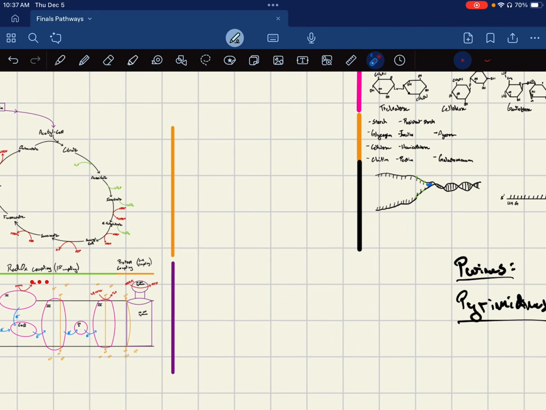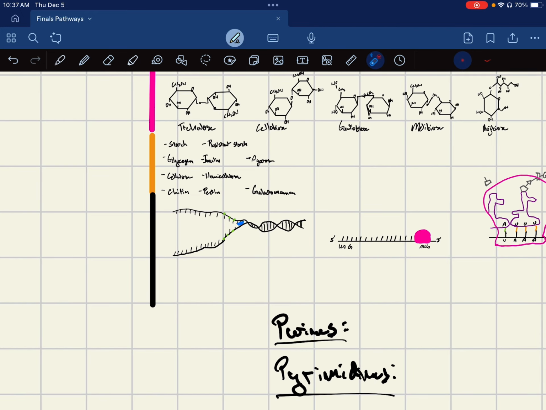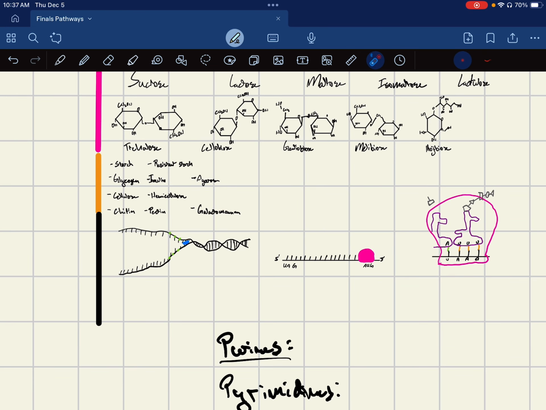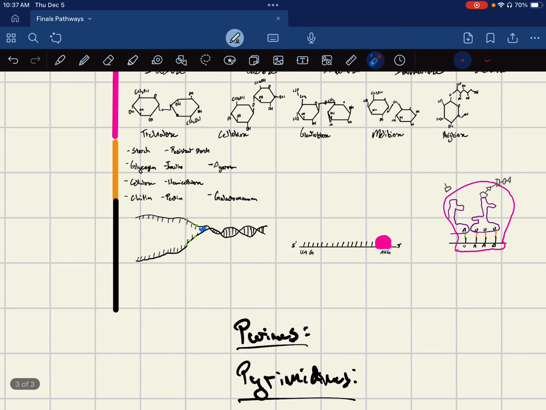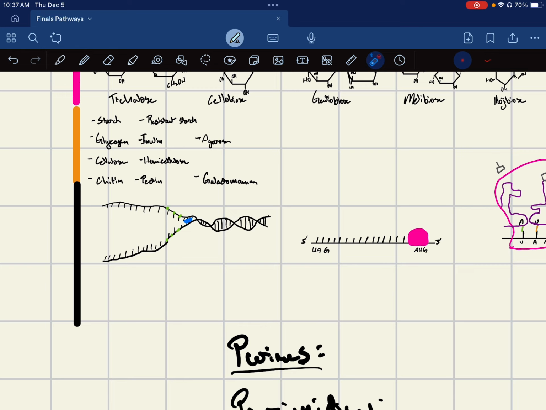And then lastly, just wanting to touch up on our DNA synthesis and the making of that. So we start here on the left. We'll see this is our DNA, like our double helix right there. And then we'll have our helicase coming through.